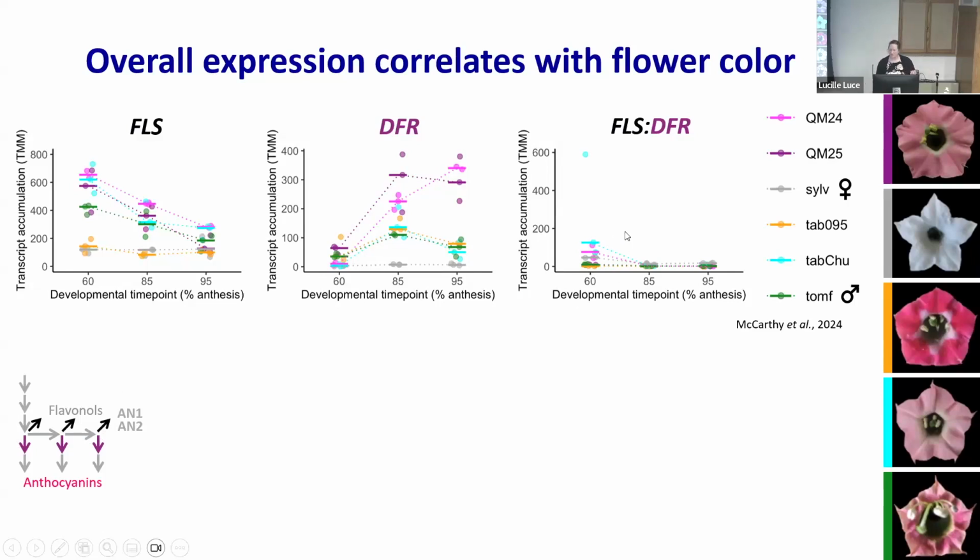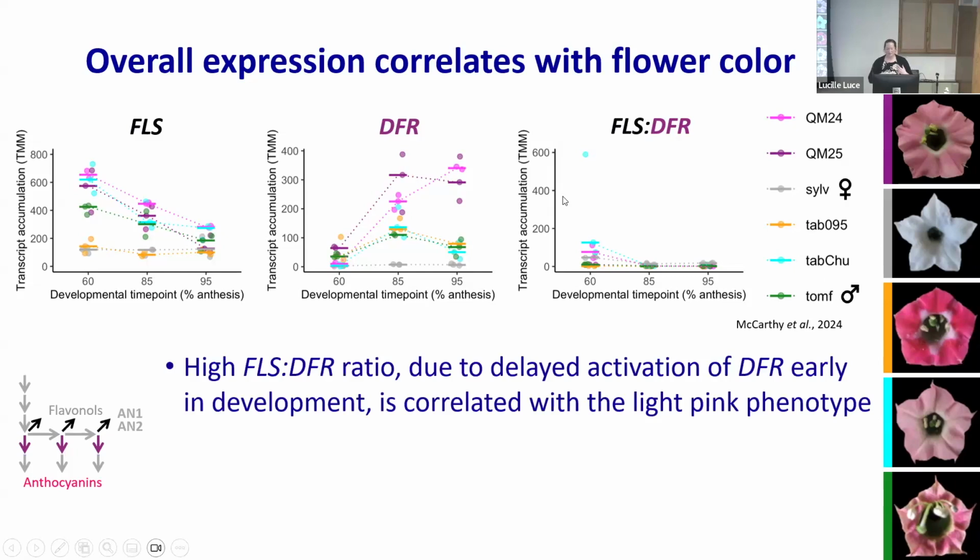And so what we noticed when we looked at that ratio is that we have an elevated FLS to DFR ratio early on in development in our 2 polyploids that have a light pink phenotype, which you can see here. And so we think that that is driving the flux of the pathway towards making flavanols at the expense of making anthocyanins.